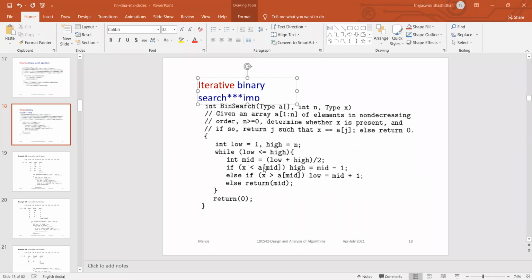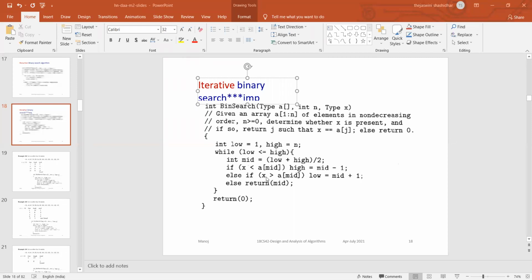Keep in your mind, these are very, very important conditions. If the key element is less than A of mid, where mid is the position and A of mid is the value, then high, which is at the last position, will come to mid minus 1.